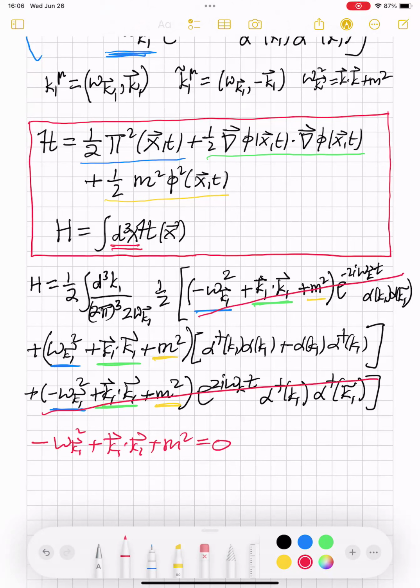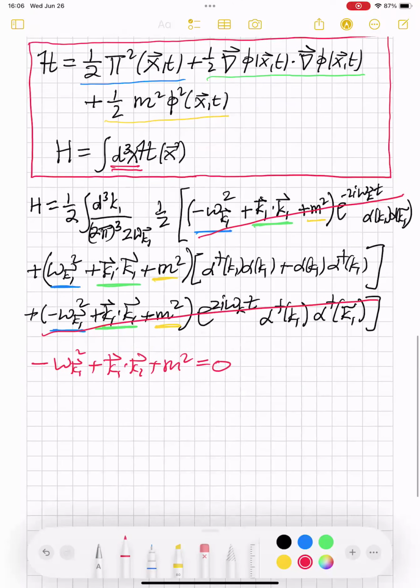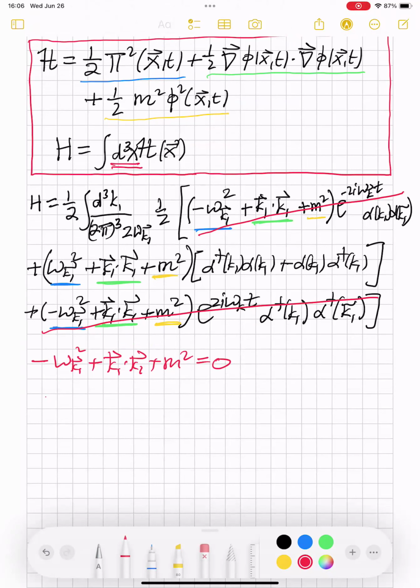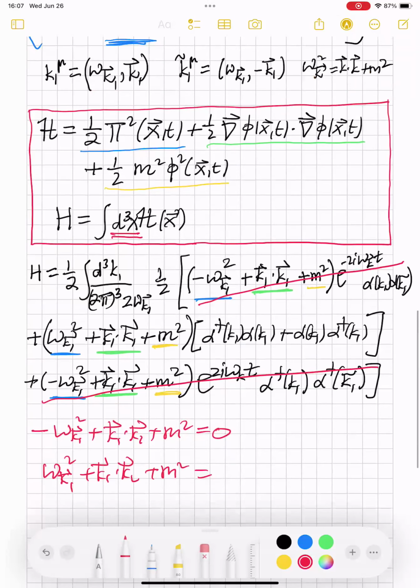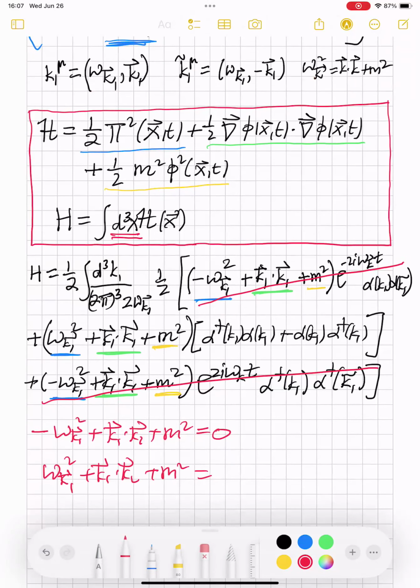This is great because that's all of the time dependence gone. The other thing that we know is that omega k1 squared plus k1 dot k1 plus m squared, well, omega k squared is k dot k plus m squared, so this is just 2 omega k1 squared.